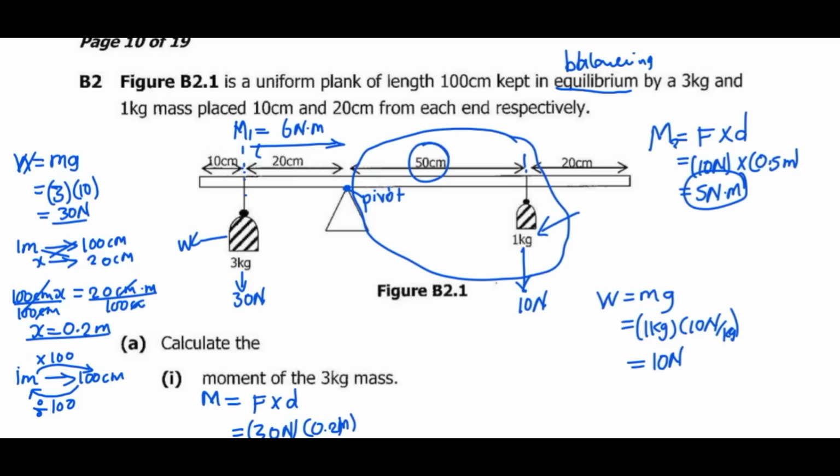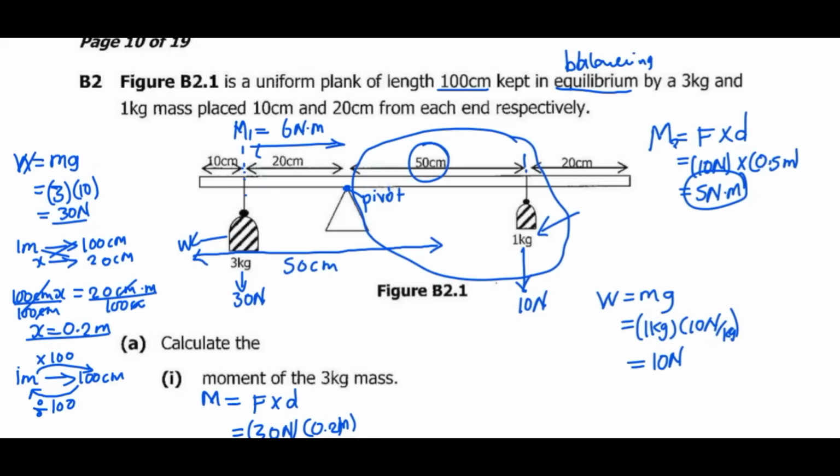Okay, so we know that here we have been given a uniform plank, and this had a length of 100. So we need first to look at where the center of mass would be located on the plank. So we know that this will be half of this 100. So from here up to where the half will be is 50 centimeters, because the half of 100 is 50 centimeters.